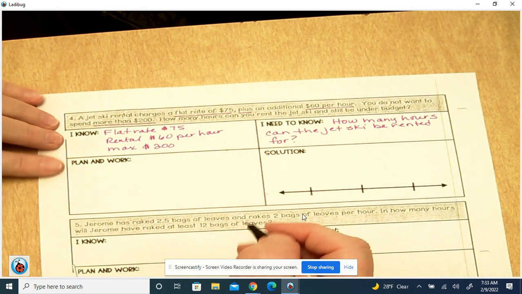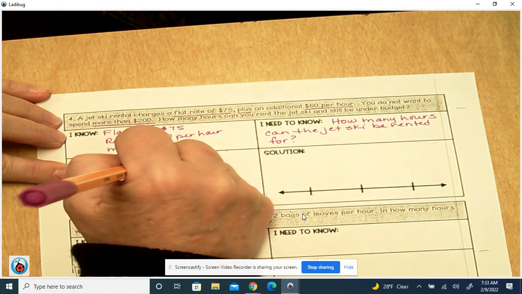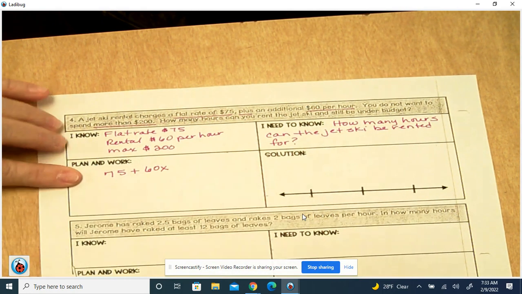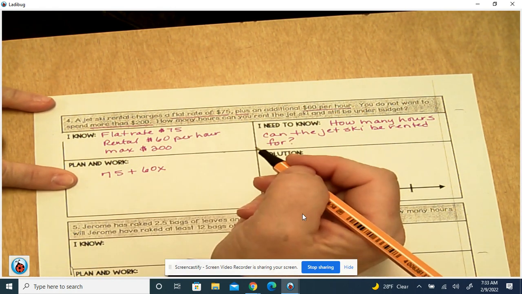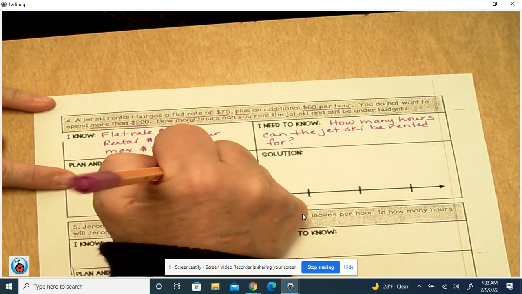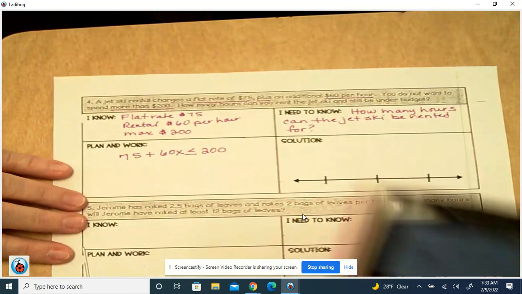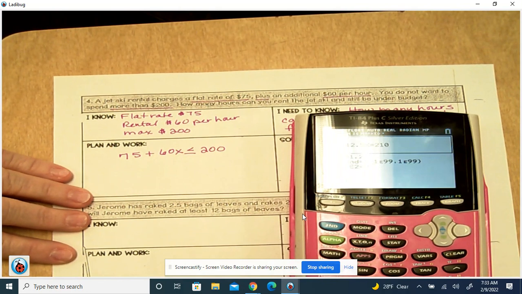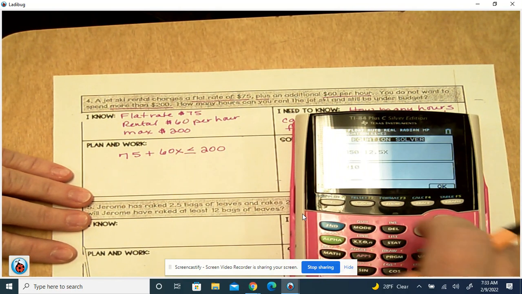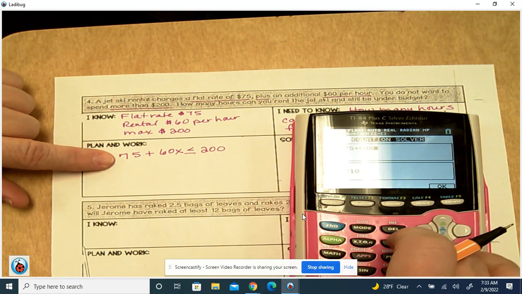All right, so we've got 75, and it's plus an additional $60 per hour. And then you want to stay under your budget, so no more than $200. So if we solve that, we've got 75 plus 60x.